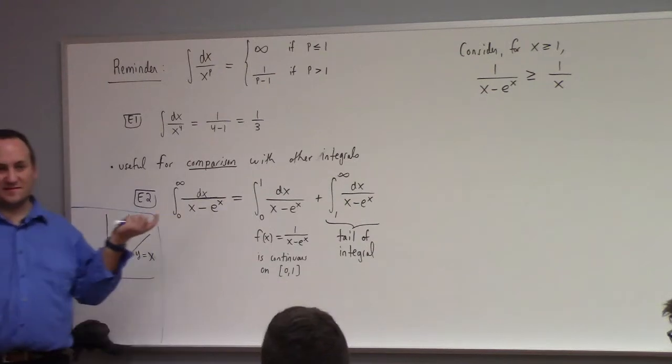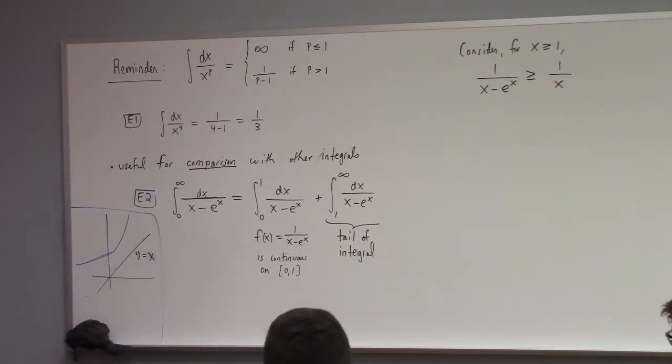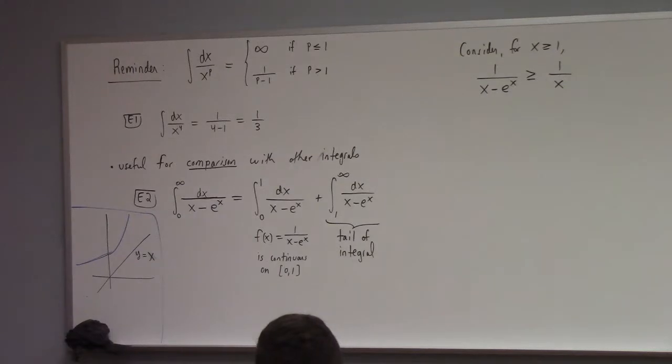Is that positive? e to the x is bigger than x, right? Curses. I need, the comparison theorem is for positive functions, right? So this example is not working out for me. I'm sorry, guys.